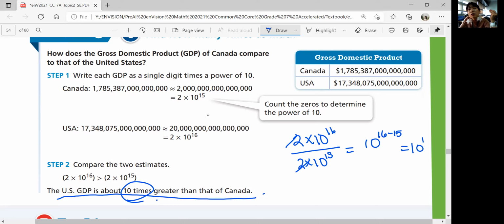Okay. So examples 1 and 2, you can just compare them. This is greater than or this is less than. Example 3 is about finding how many times greater exactly or smaller exactly, right?